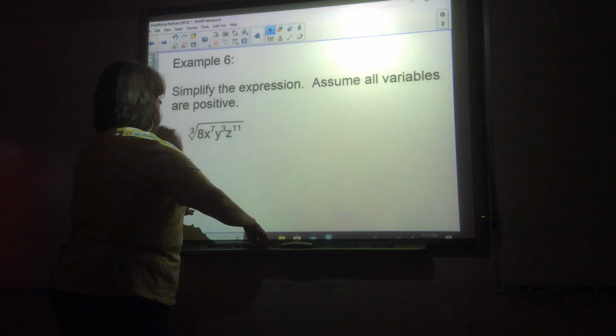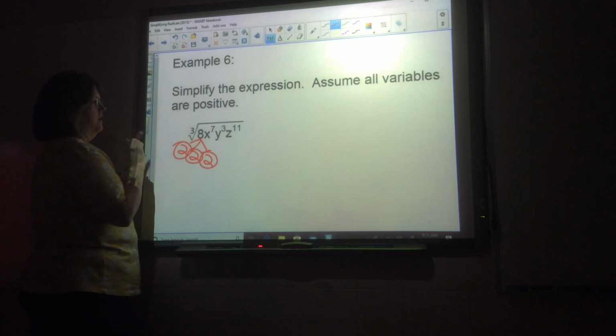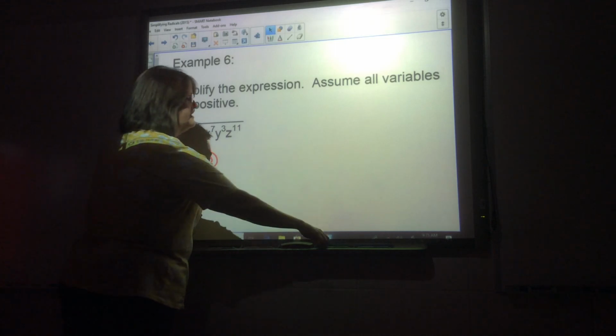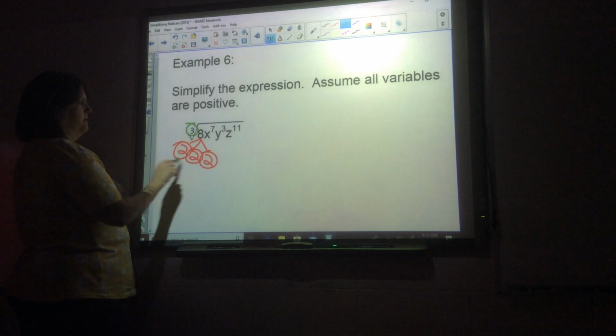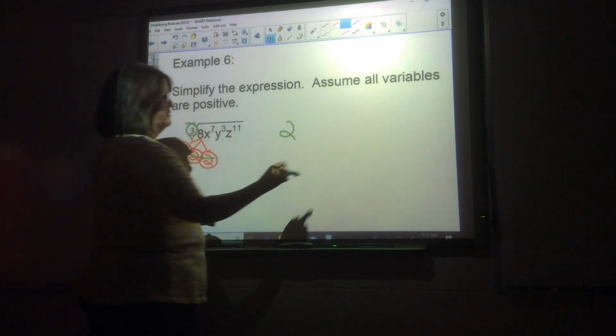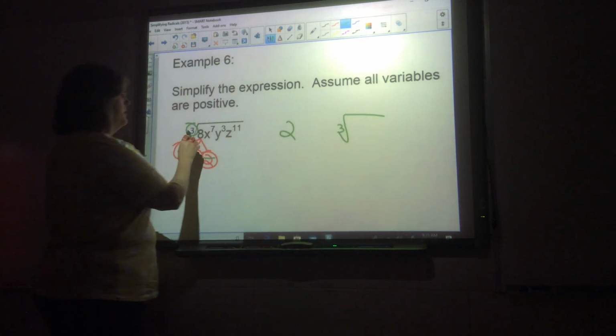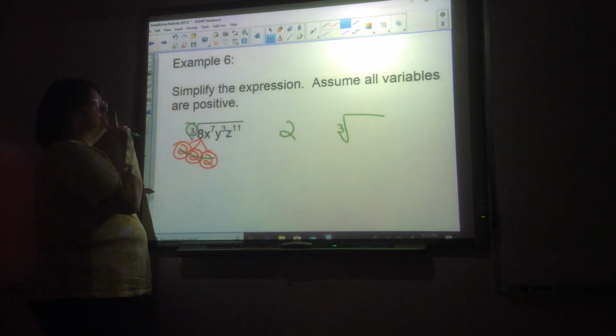All right, so 8 has 3 2s. This time it takes 3 of the same number to bring 1 out. So there we are, the 2 comes out. There is not a number left on the inside. Let's do the variables. 3 goes into 7 twice.